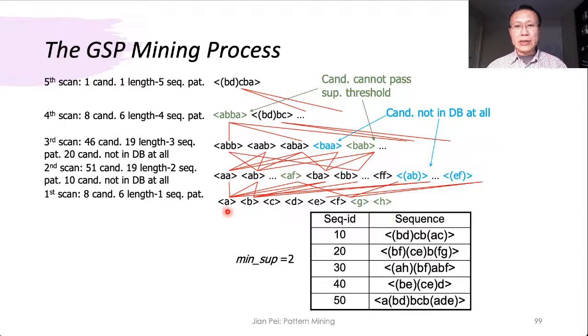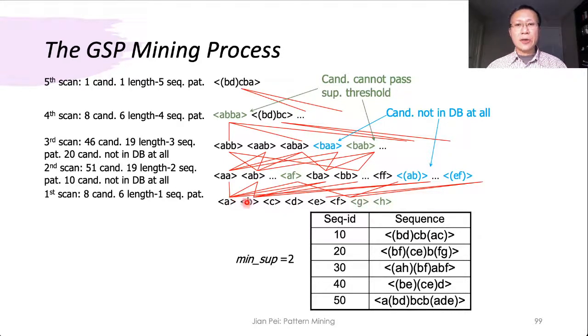Essentially, you can see that at the very beginning, we have the length 1 candidates A, B, C, D, E, F, G, H. And then we scan the sequence database once to verify their support. And then we prune those infrequent candidates.